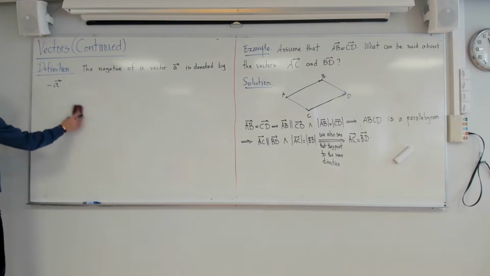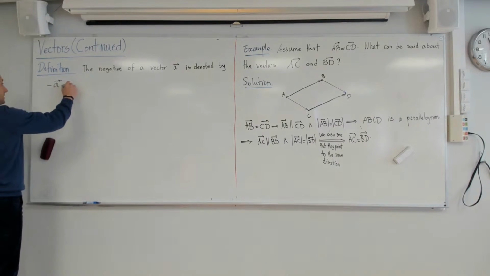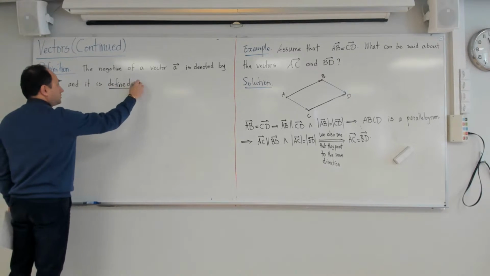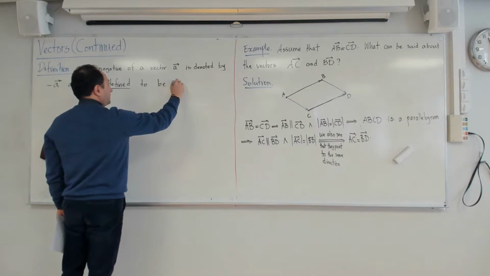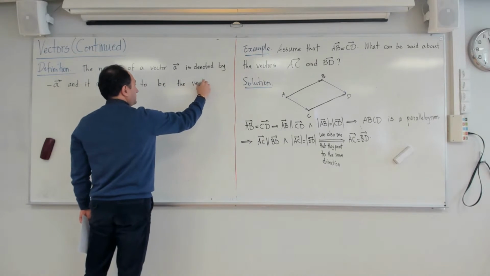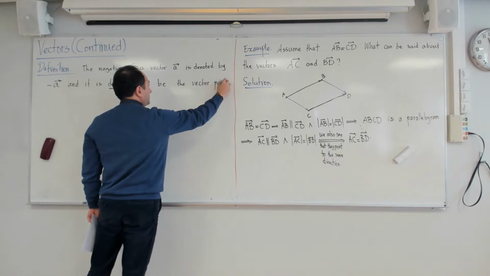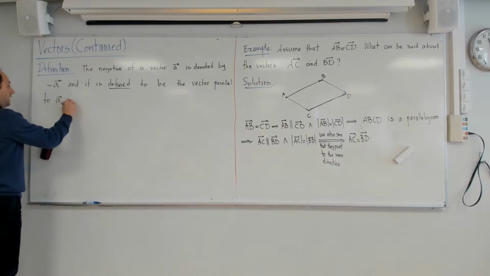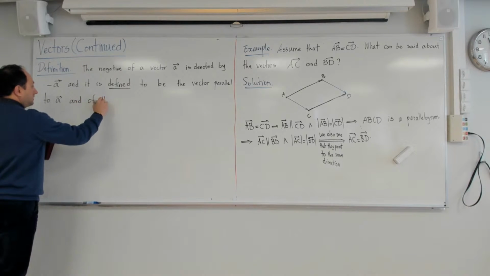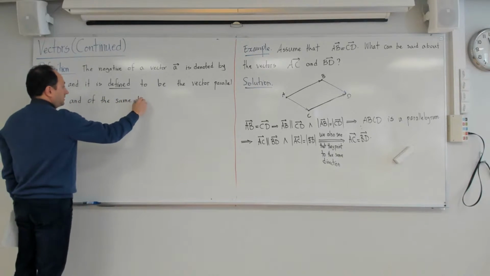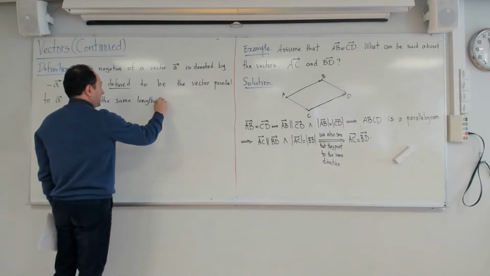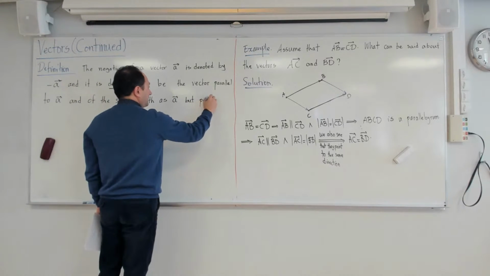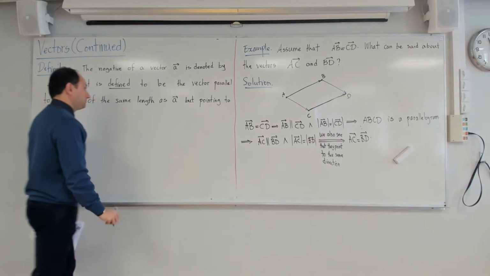So the negative of a vector A is denoted by this, and it is defined to be the vector parallel to A and of the same length as A, but pointing to the opposite direction.